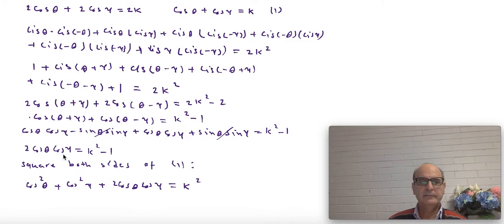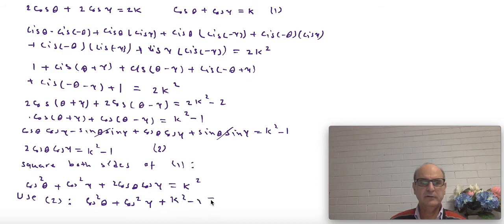And 2 cos theta cos gamma, which I have here, is equal to k squared minus 1. So I'm going to use 2 in that. If I use 2 here, I'm going to get cos squared theta plus cos squared gamma plus k squared minus 1, which replaces 2 cos theta cos gamma, equal to k squared.